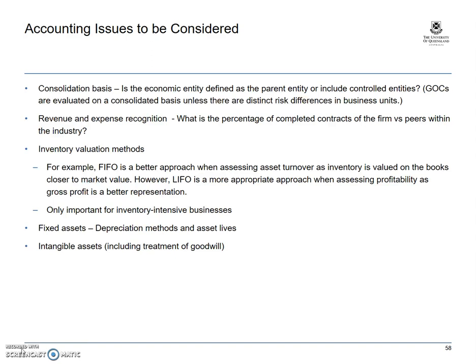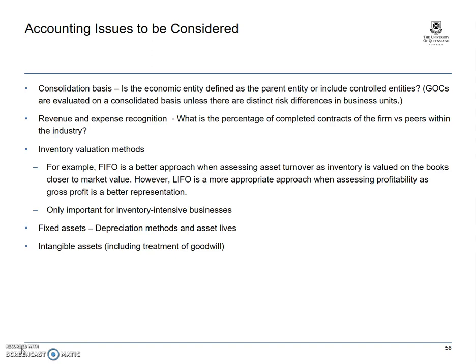Recognise that different types of methodologies can be more useful depending on the type of approach that you're wanting to take. So for example, a first in, first out method for looking at inventory can be better if we're wanting to assess asset turnover, for example. Because in this method, the value on the books is closer to market value, and so it will be a better measure for the asset value.